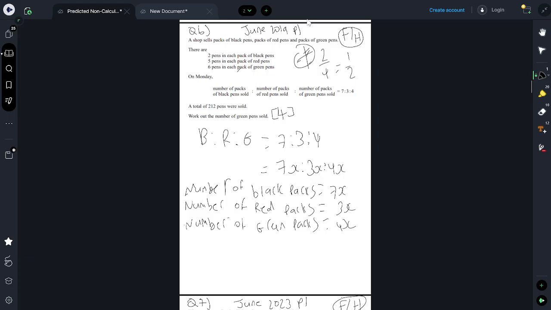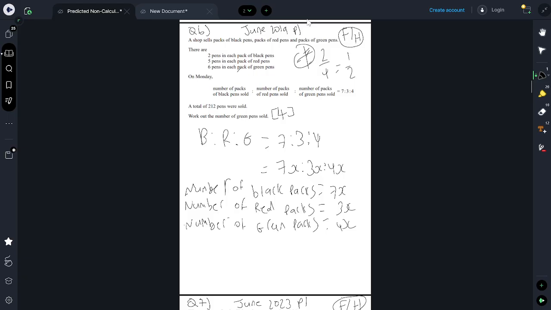And that's what's happening here. There are actually 7x, or an unknown amount of 7 of packs, but this simplifies down to 7:3:4 if you cancel the x. But that's not saying there was 7 packs of black pens or 3 red pen packs. But if we times across both of them by a number x, we can now ensure that this is actually truly the number of black packs.